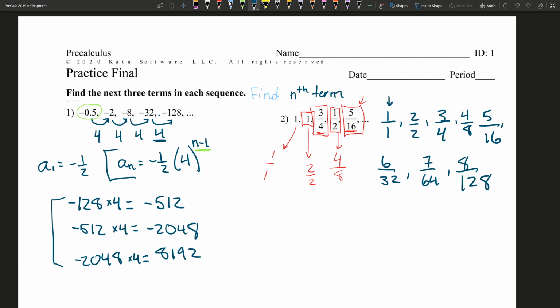So our nth term rule would just be n in the numerator, because the number of the term corresponds to the numerator itself. First term, second term, third term, fourth term, fifth term, and so on. And then the denominator is just powers of 2. So it's 2 to the power of n minus 1.